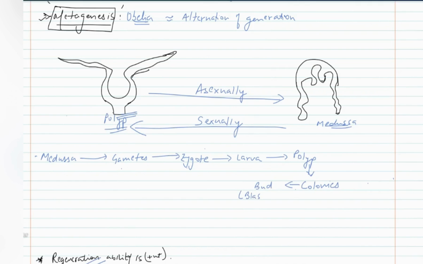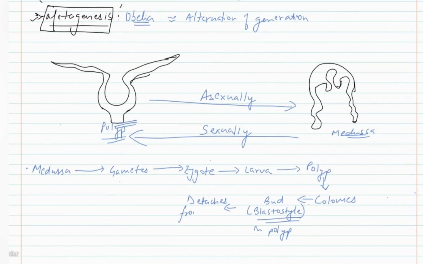In the polyp there is development of a bud which is called blastostyle. This bud detaches from the parent body and forms medusa.